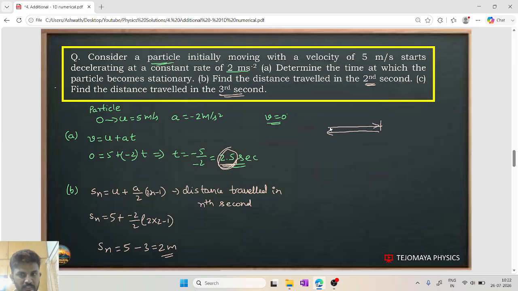So you need to calculate the distance traveled in 0.5 seconds in the forward direction, then the backward direction, and calculate. So consider this as an assignment and text me the answer in the comments.